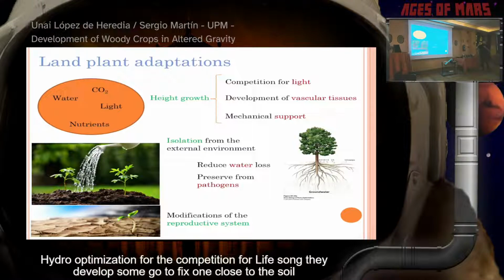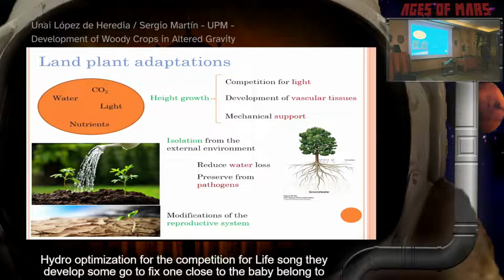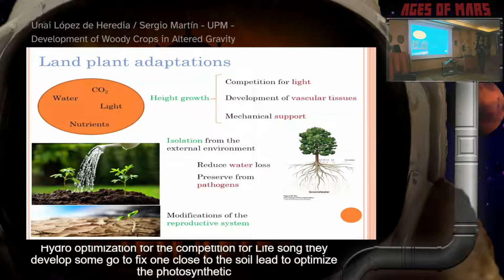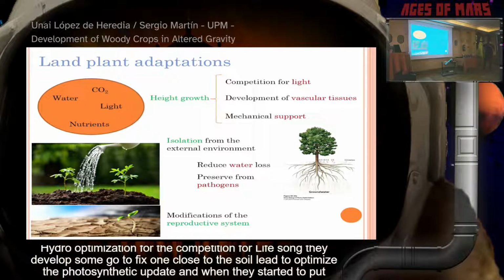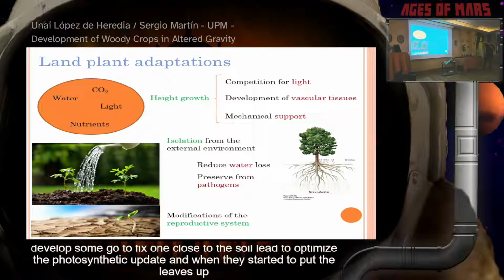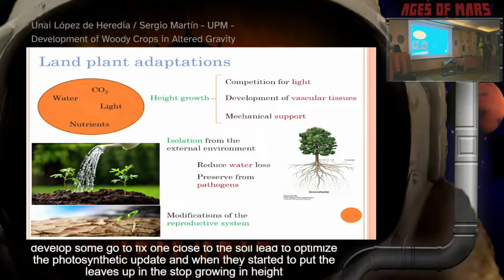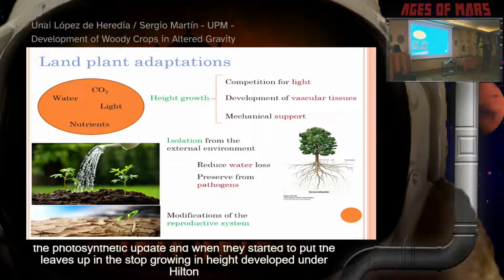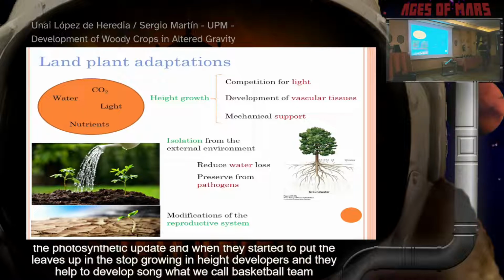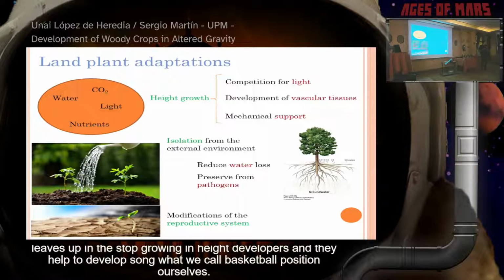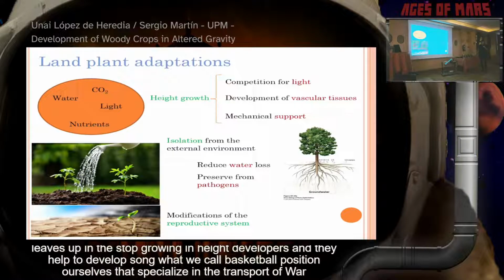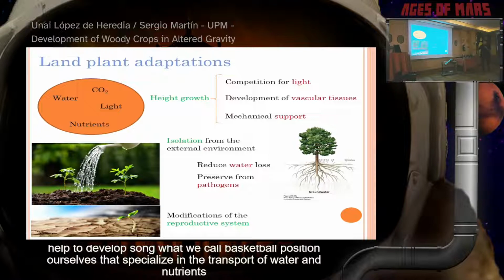They developed leaves to optimize the photosynthetic metabolic process. And when they started to put their leaves up close to the sun, they had to start growing in height, develop stems, and they had to develop what we call vascular tissues. These are cells that are specialized in the transport of water and nutrients from the roots to the leaves.